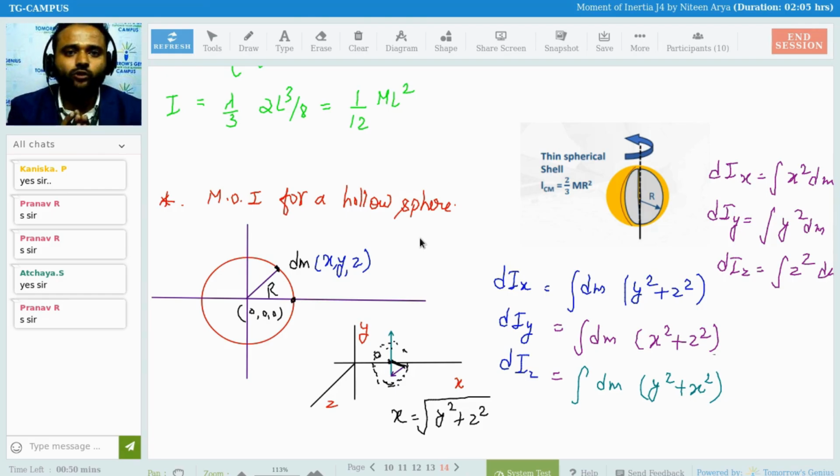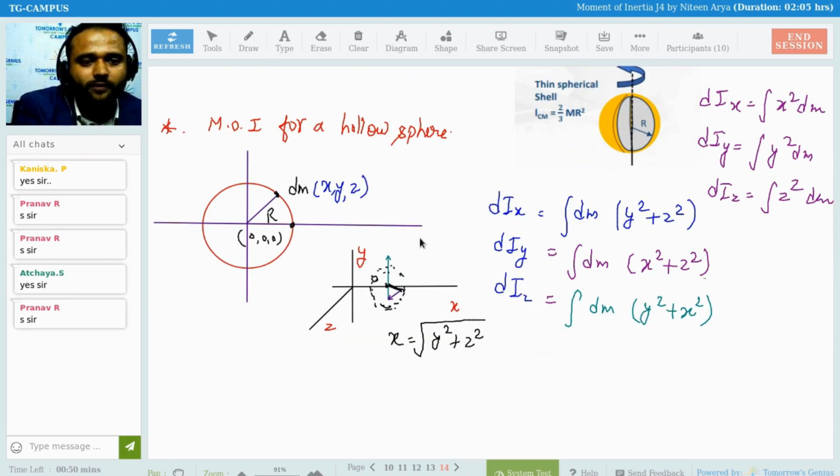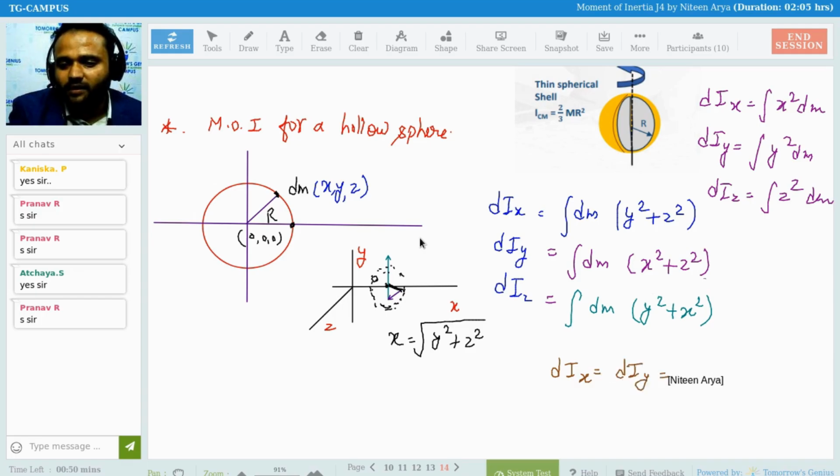And if you want to find the net total moment of inertia rotating this hollow sphere, thin shell around this axis, how can I write? First of all, dix, diy, and diz are going to be equal.